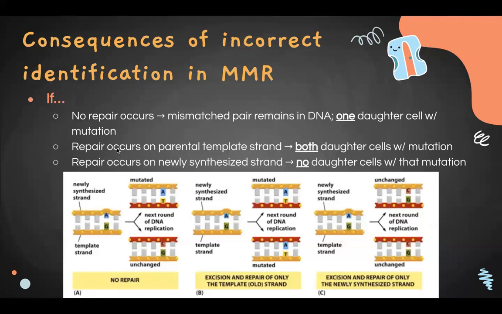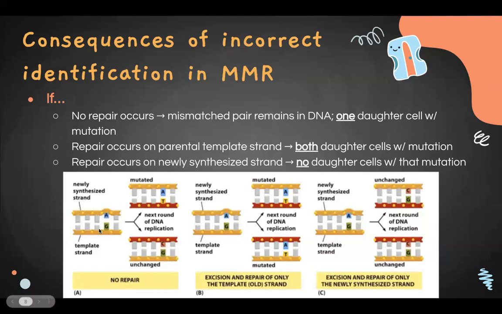The second situation out of the three is that the repair occurs on the parental template strand. This will be bad for the cell because it will end up with both daughter cells having a mutation.